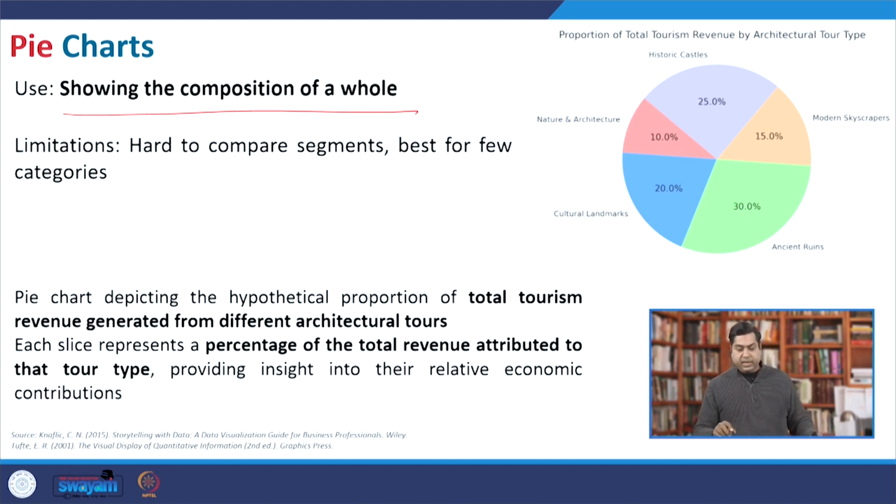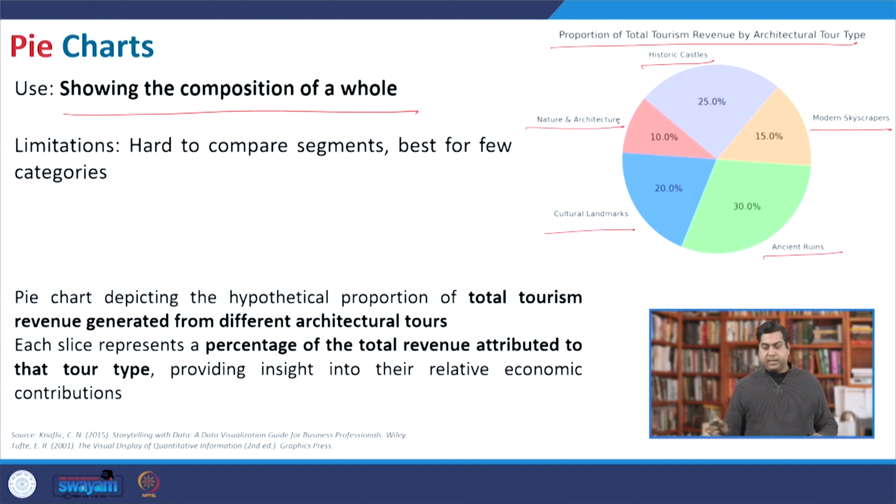Say for example, here is a hypothetical pie chart showing the proportion of total tourism revenue by architectural tour type. Tour types could be visiting a historic castle, a modern skyscraper, ancient ruins, cultural landmarks, or nature and architecture.